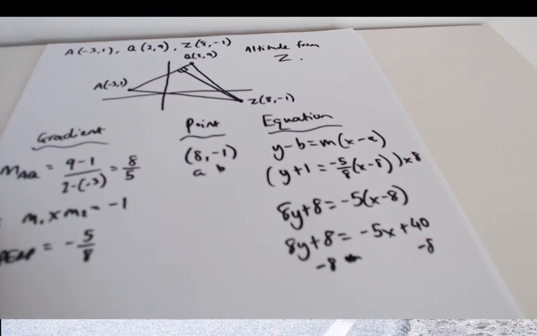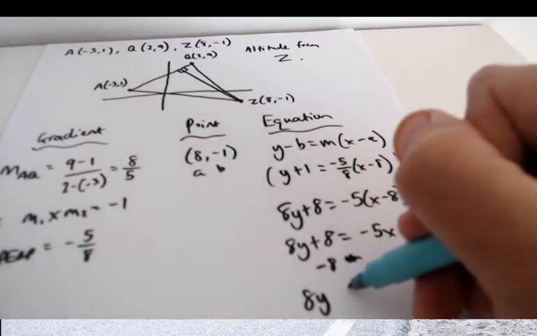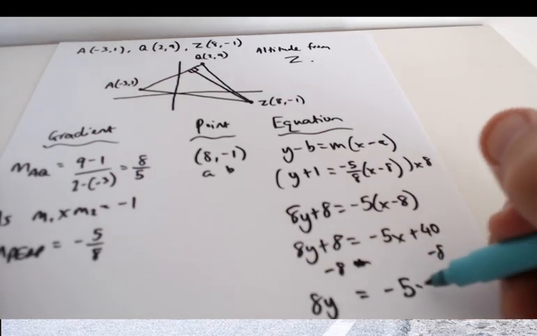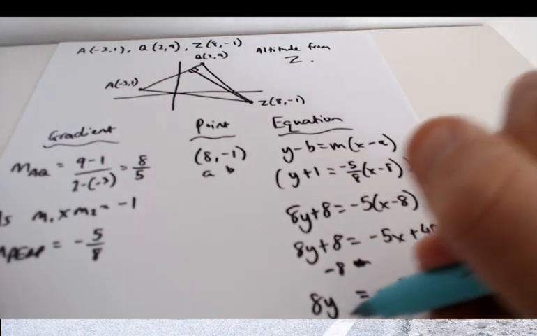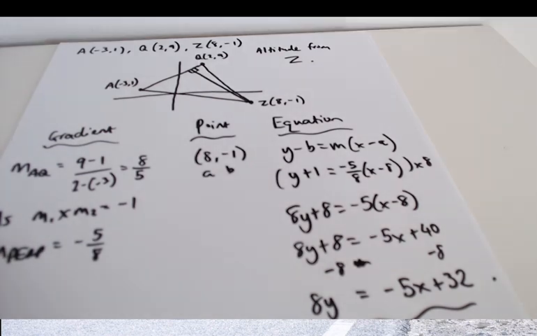And that's going to give me 8y equals minus 5x plus 32. Same as the last one. Gradient of opposite side, use the point you're given into the equation formula.